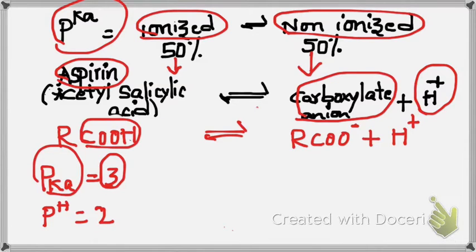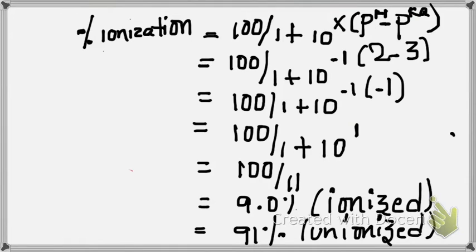So how does this drug with the pKa value of 3 behave at pH 2? Maybe pH 2 is nearly the pH present in the stomach. The degree of ionization can be calculated if we know the pKa of the drug and the pH of the medium it's present in. This is traditionally calculated using the Henderson-Hasselbalch equation.